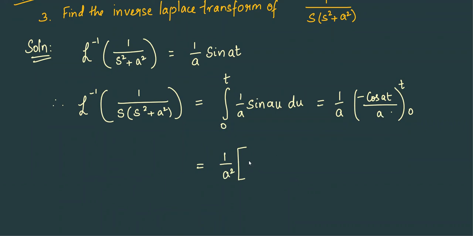Substitute, so this will be minus cos au.